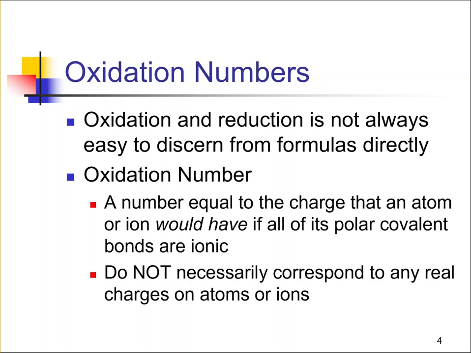In order to know if a reaction is a redox reaction or not, we have to assign oxidation numbers first. So let's learn how to assign oxidation numbers first, and once we know how, I'll show you how you can identify a redox reaction.